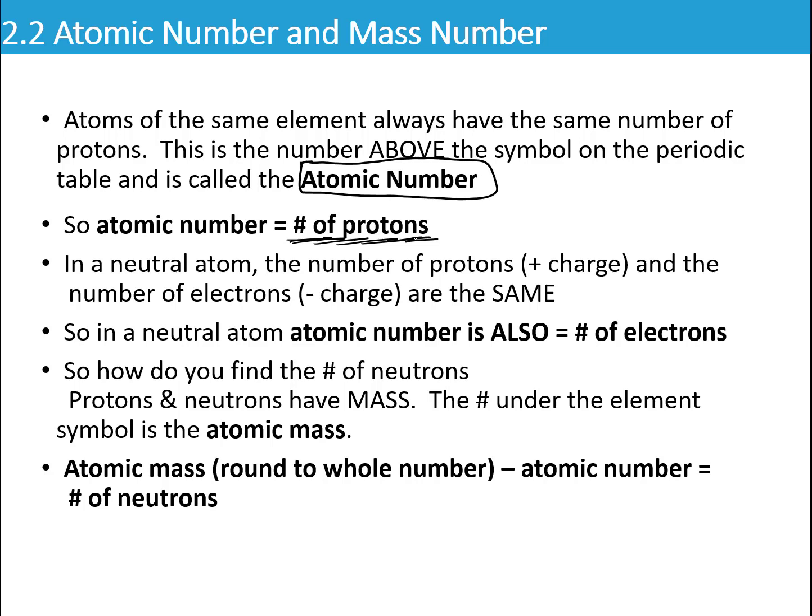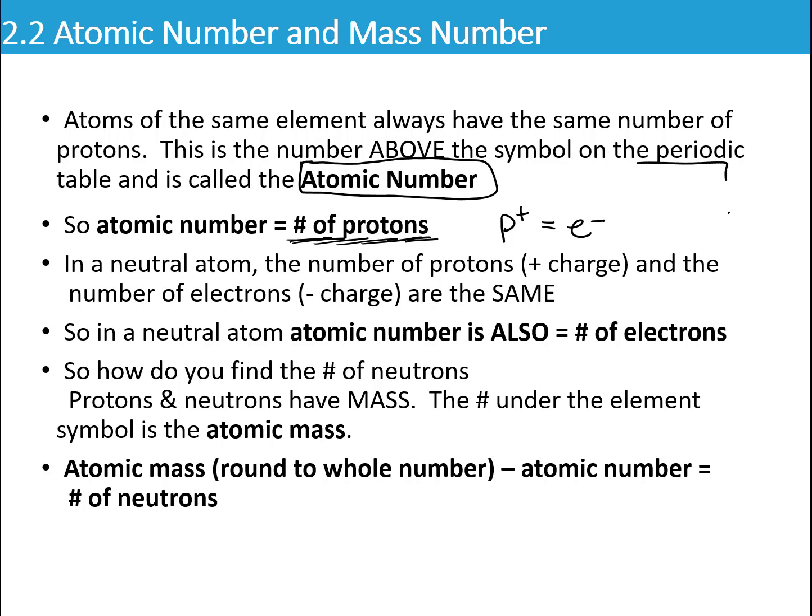In a neutral atom, like an atom of carbon or nitrogen or oxygen, they're neutral, which means that the number of positive protons has to equal the number of negative electrons. So if we know that positive protons equals the negative electrons in a neutral atom, then the atomic number tells you the number of protons and the number of electrons.